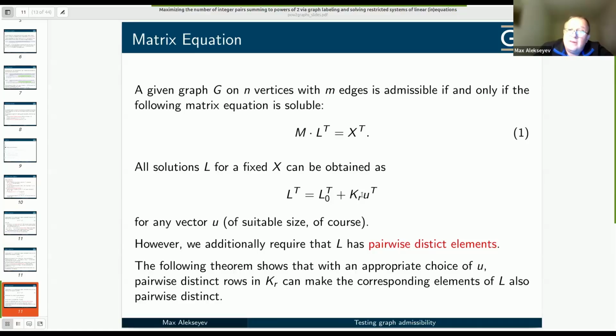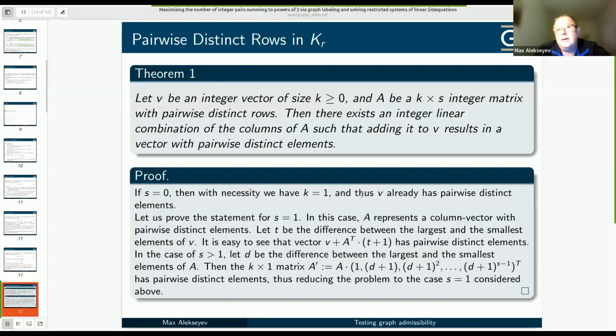So let us first notice that as soon as two rows of K sub R are distinct, we can always come up with a suitable vector U such that the corresponding elements in the vector L are also distinct. So we can enforce distinctness of elements for those for which we have distinct rows in K sub R. And this is what the following theorem says.